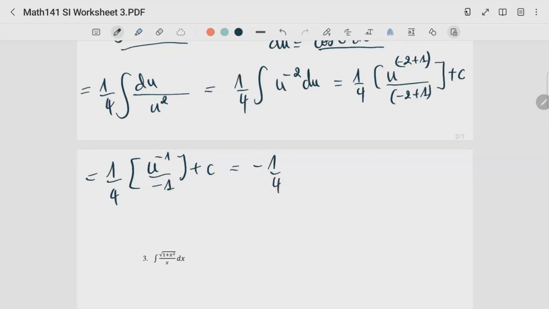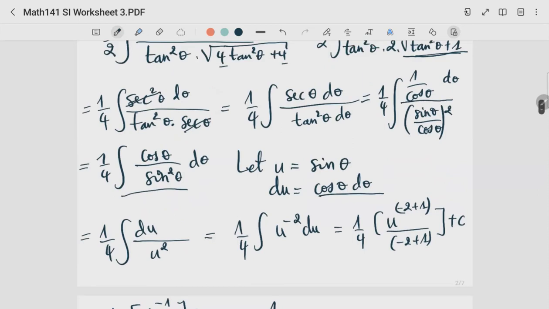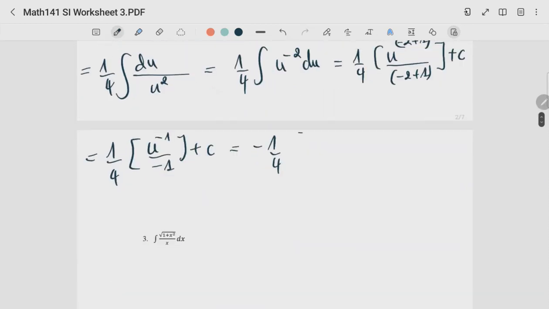We know that u is sine theta, so we have sine theta to the negative 1, which is just 1/sine theta plus c, right?